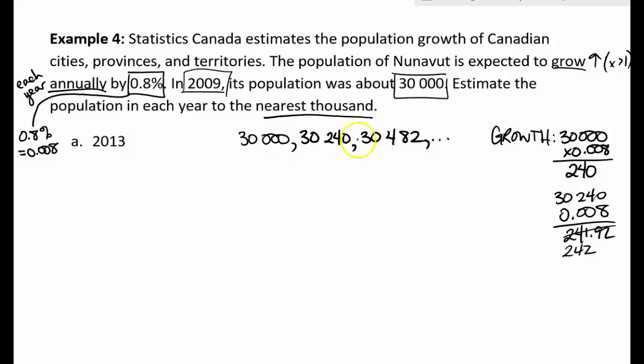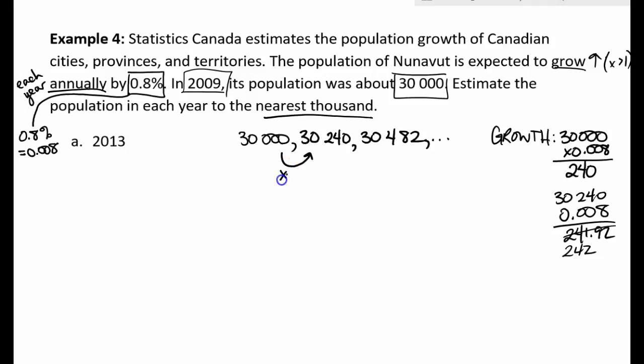So when I look at my actual values in my pattern, it's not just increasing by 0.8%, it's increasing by 108% because we're always including that original value in there. And we said in order for it to increase, it needs to be multiplied by a number bigger than 1. So you can test this right now.